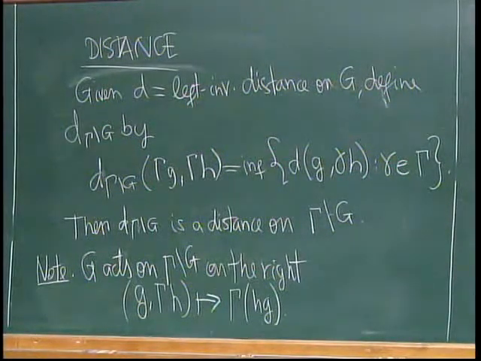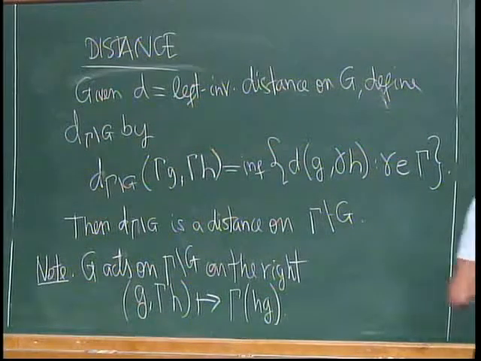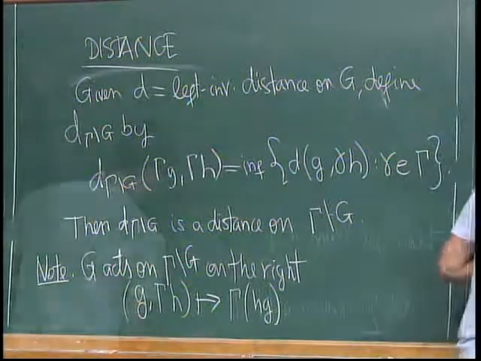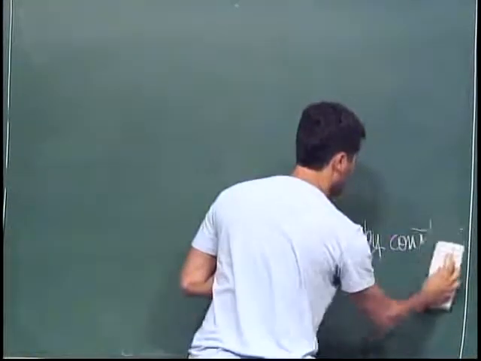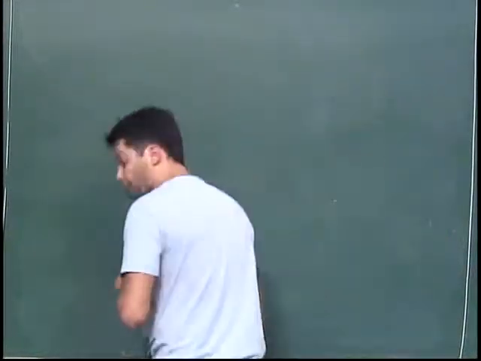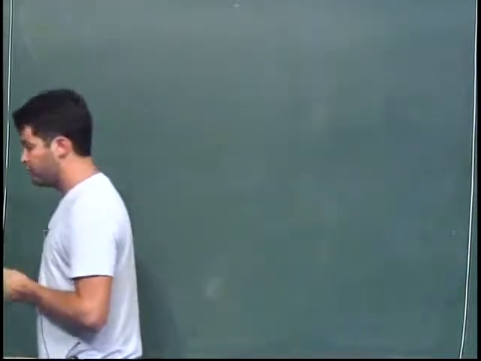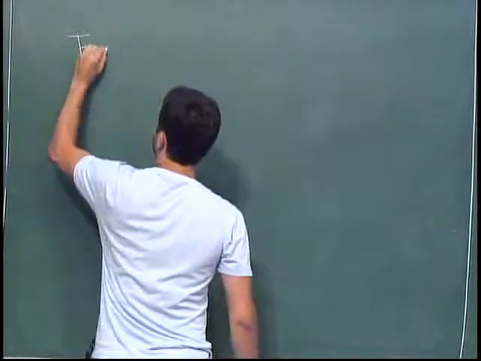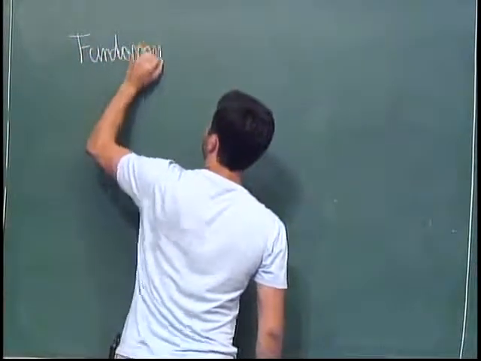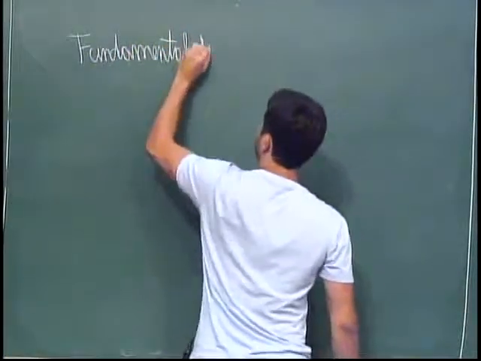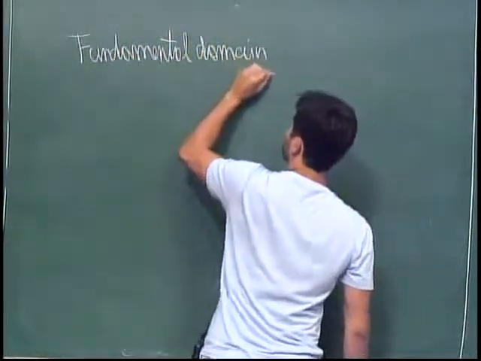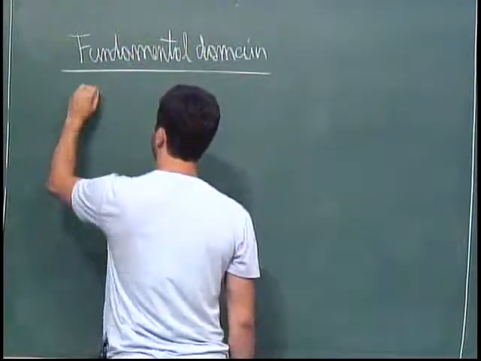And the question now is whether we have a measure. Hopefully we do. And the measure is going to be defined by the Haar measure of the group. But before, I have to talk a little bit about fundamental domains. So what is a fundamental domain of the subgroup gamma?